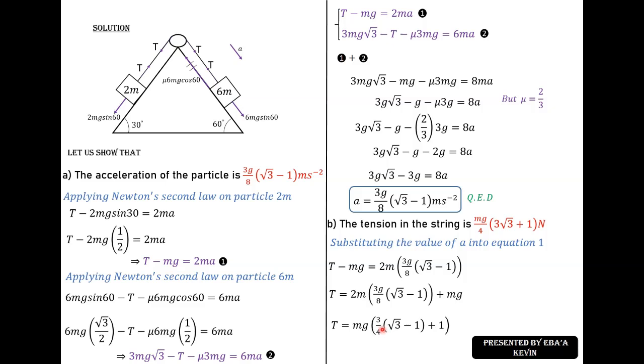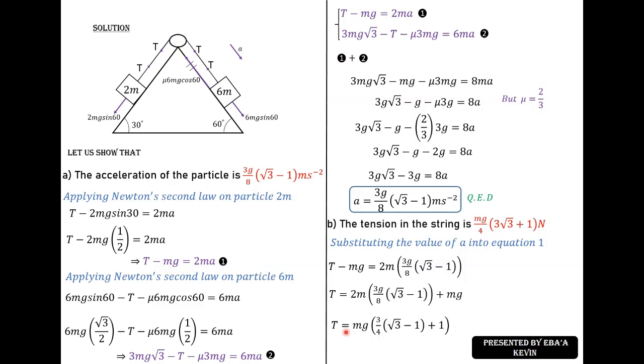From which, further simplifying, that is factoring out mg, because mg is common all through, we are going to get T to be equal to mg then times 3/4. Why 3/4? Because if you factor out mg from here we are going to be left with 6 divided by 8. So 2 can go into 6 3 times and 2 can go into 8 4 times.